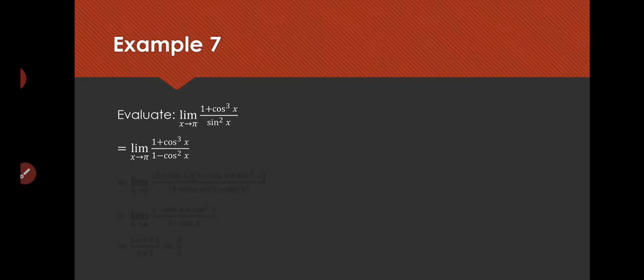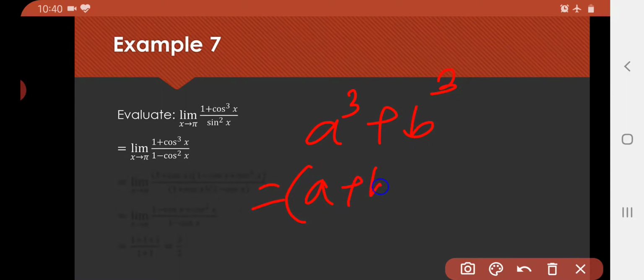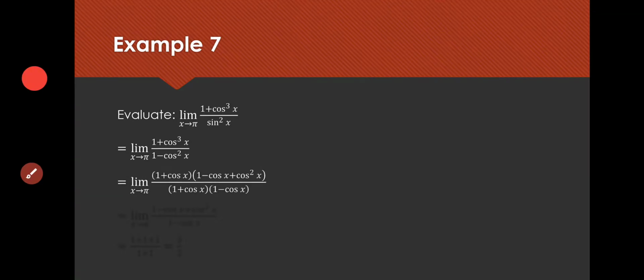So now 1 plus cos cube x, that is in the form of a cube plus b cube, can be written as (a plus b) into (a square minus ab plus b square). We know this formula. So therefore both numerator and denominator factorized will look something like this.